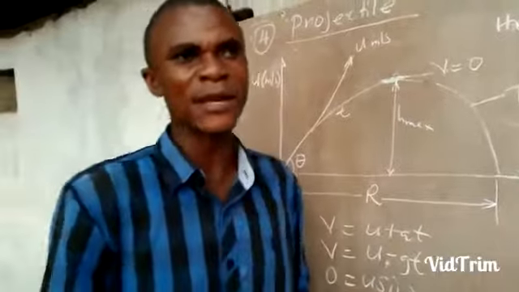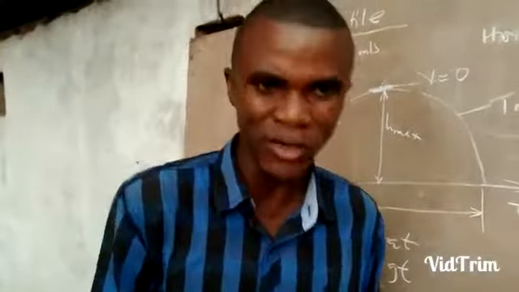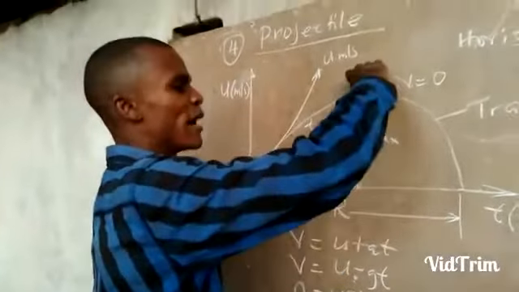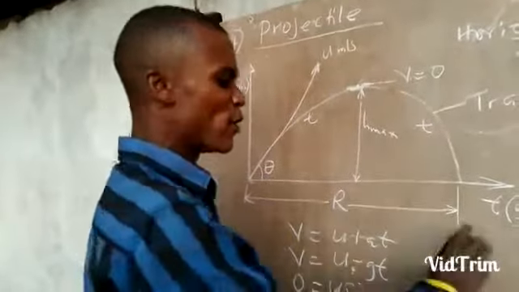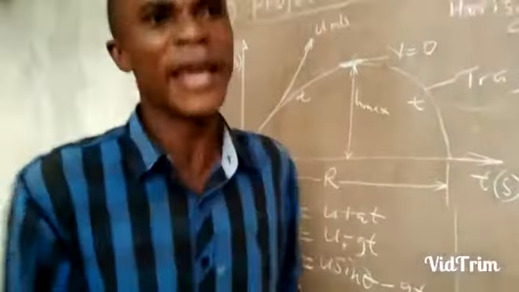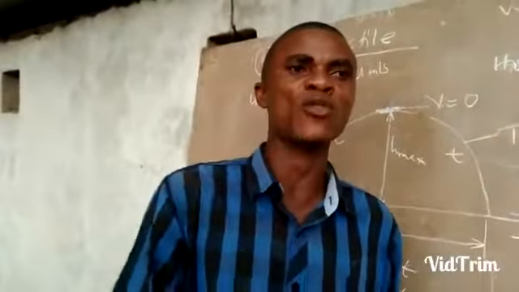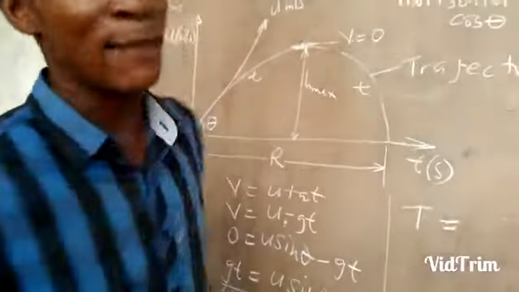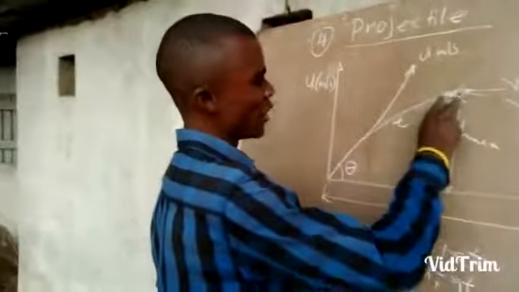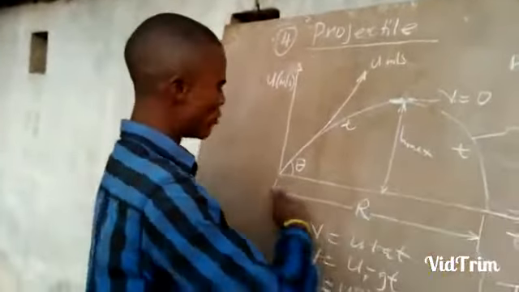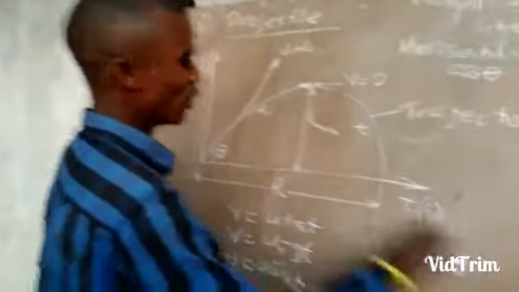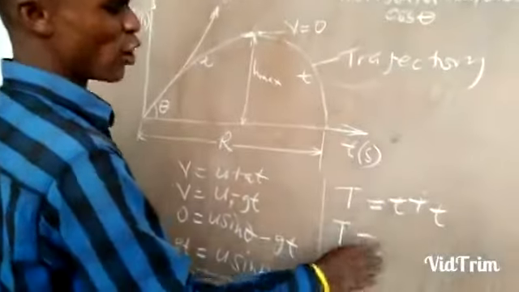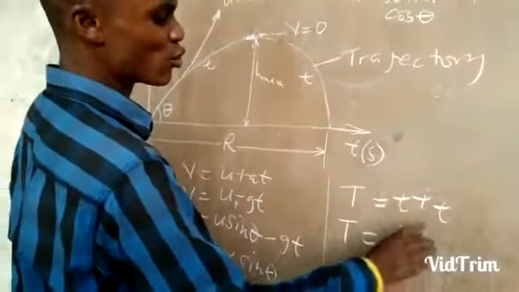And I said the time taken to go to the highest point is equal to the time taken to fall to the ground. So if from here to the highest point is small t, from the highest point to the ground again is small t. If you now combine this time in air, the time required by the object to move to the highest point and back to the ground, you call that time of flight, if you can recall. So capital T becomes small t plus small t, which is 2 small t.